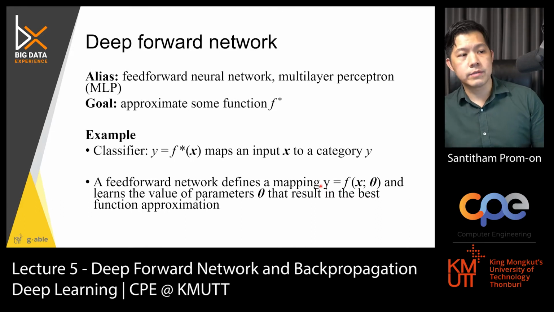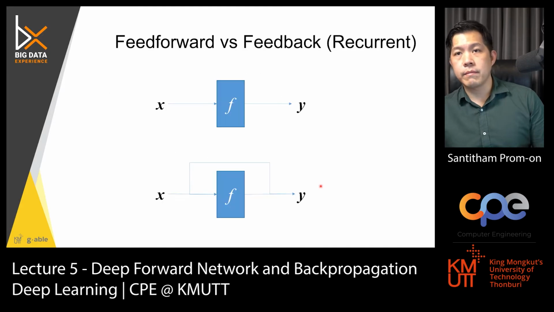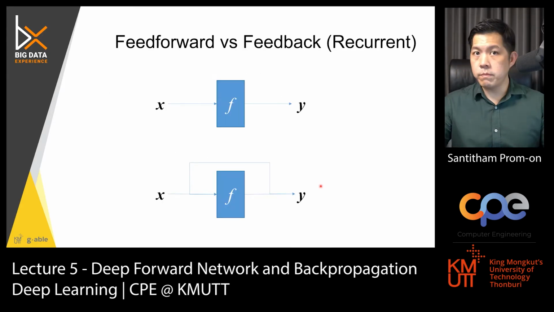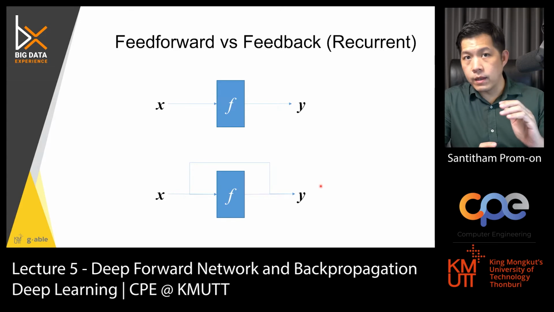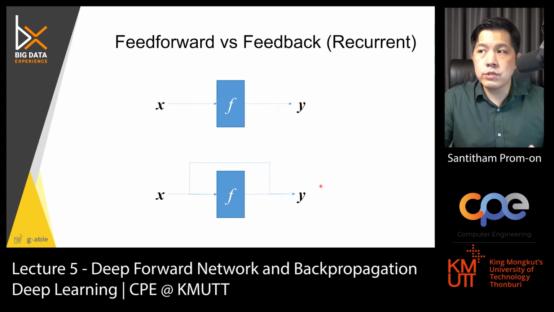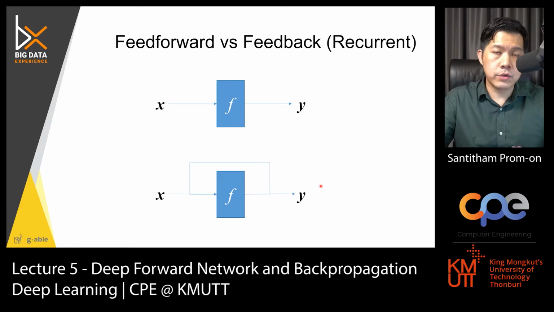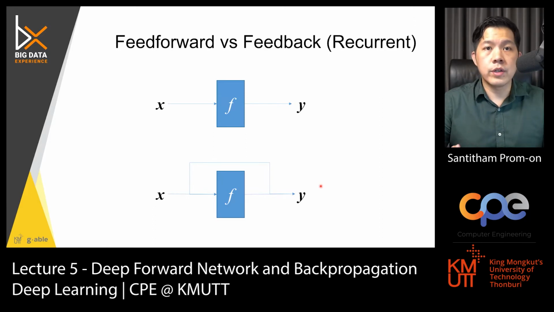Now the word feedforward may have its opposite, I don't think it's opposite, more like its pair. You might have heard there is a feedforward model, the model that feeds from input to output, and there is also a feedback model, the model that takes the output and feeds it back to the input. This is known as a recurrent model.